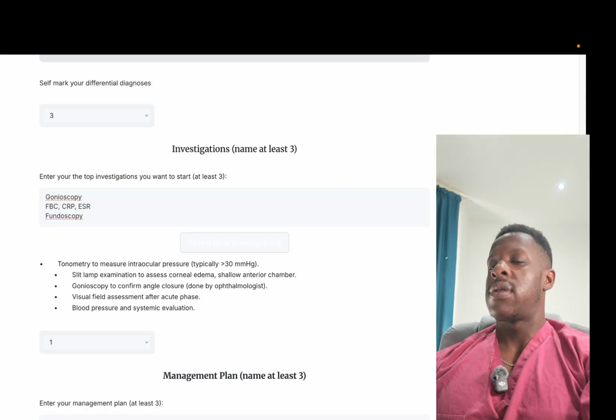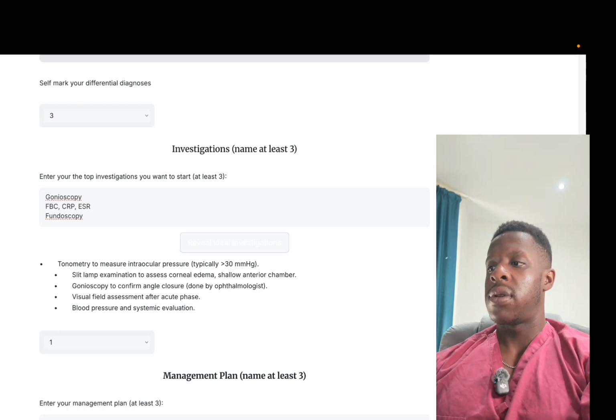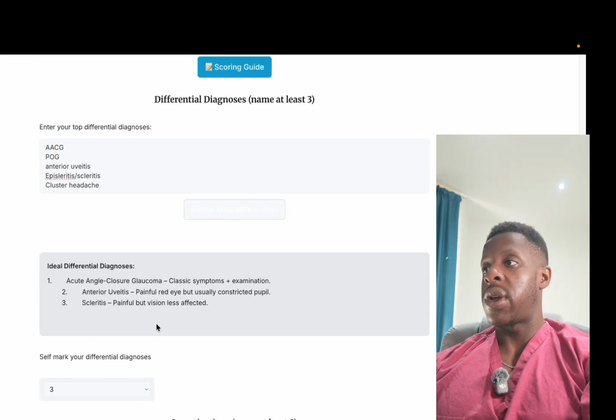Definitive management is laser peripheral iridotomy, isn't it? Or is that for primary angle? And you do this bilaterally as there's a risk of acute angle closure glaucoma occurring in the opposite eye.